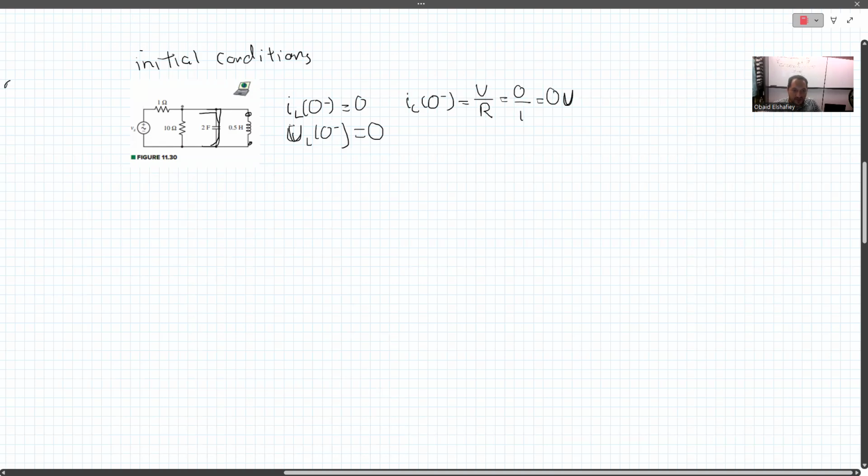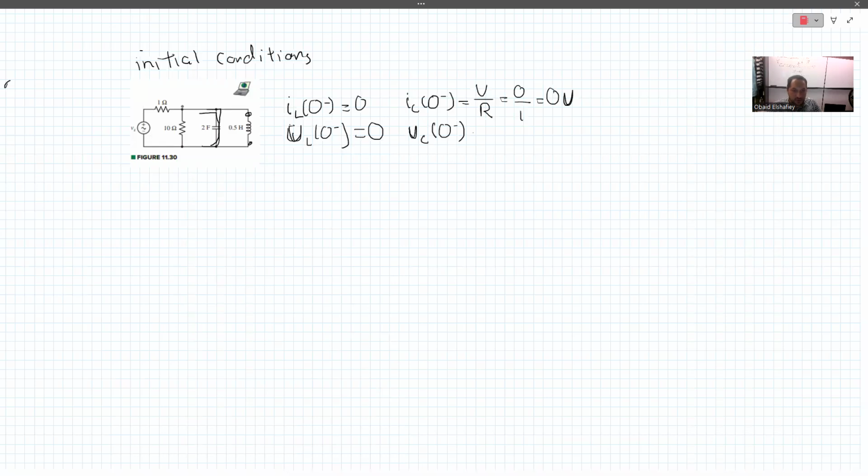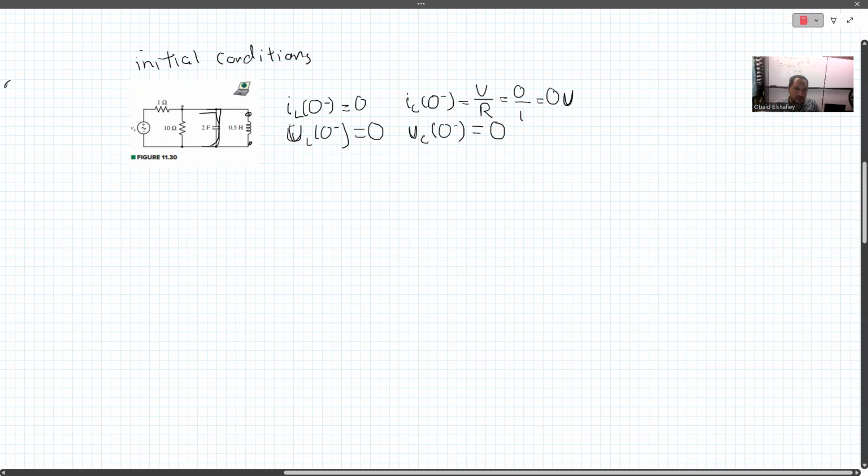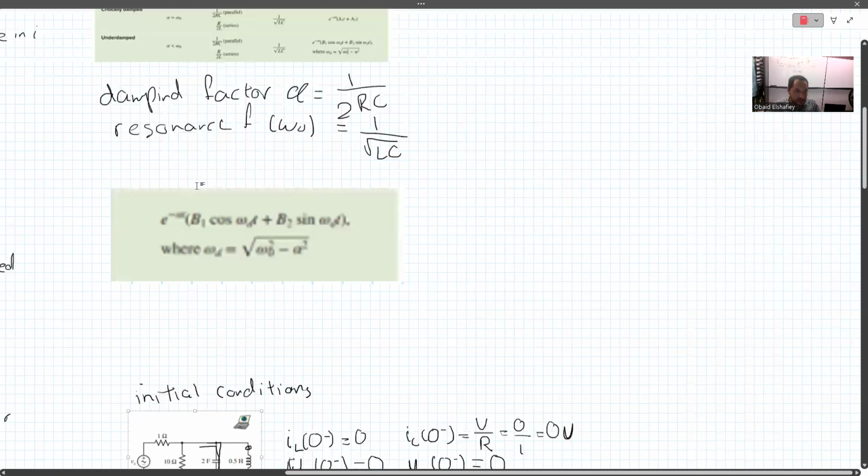That's a long way to go around to proving that it's 0. While our VC in the initial conditions is 0 because they are connected. It's a short, equal to 0. So everything is equal to 0. This is something we missed during the in-class discussion.